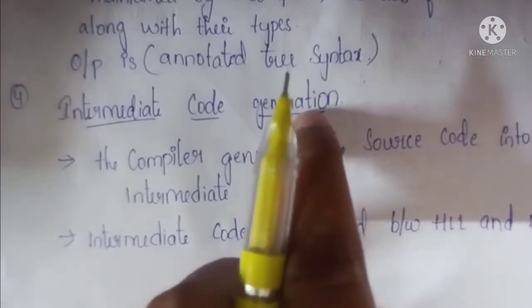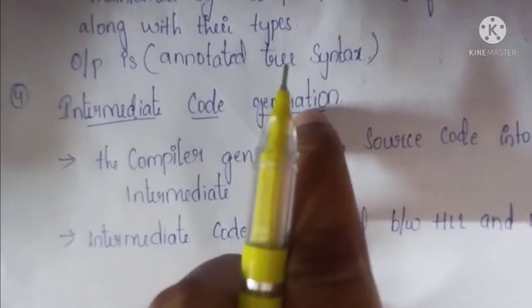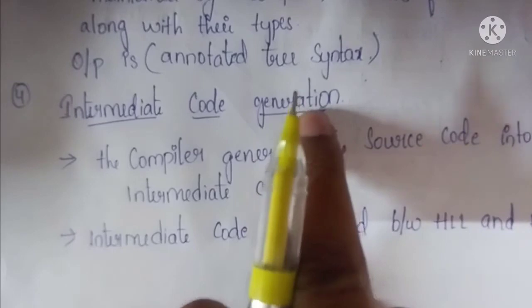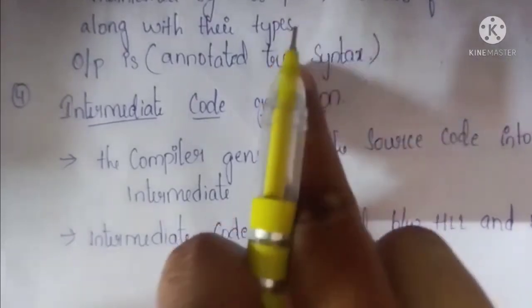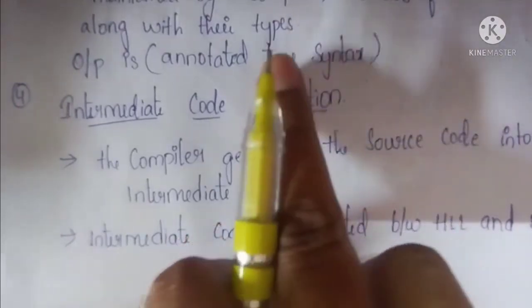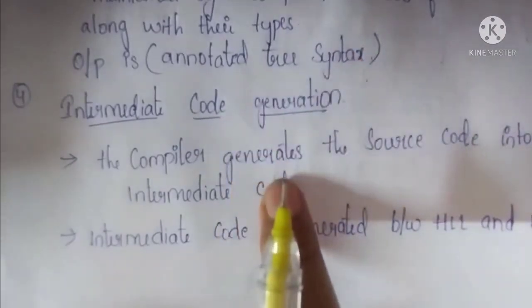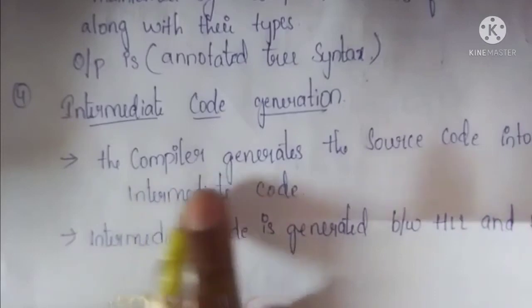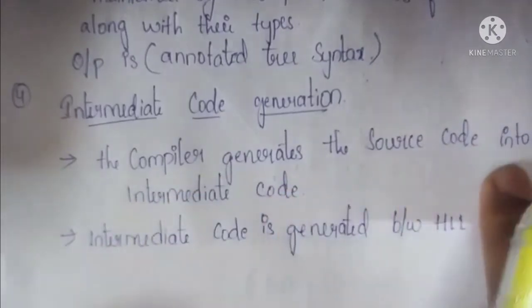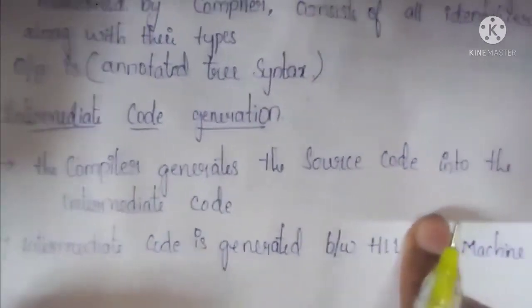For the last one, semantic analysis, we got the annotated syntax tree as an output. Taking that output, the intermediate code generator will generate the source code into an intermediate code.